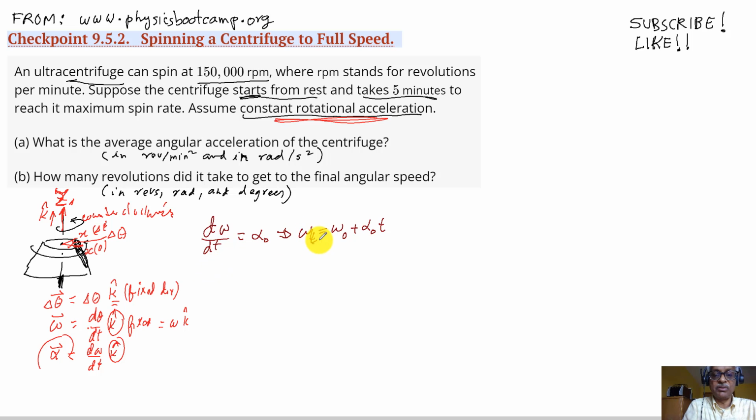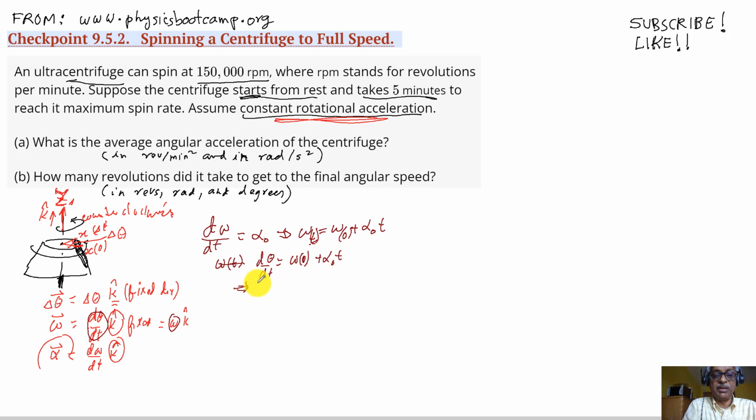Now we know omega at time t, so putting d theta dt equals omega, d theta dt will be omega at 0 plus alpha 0 t.